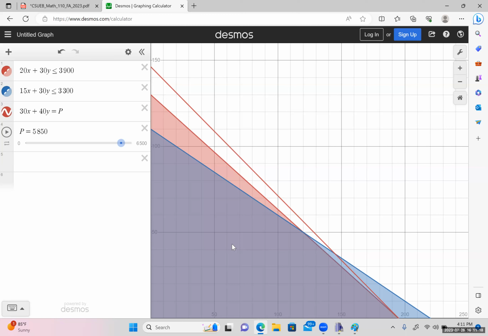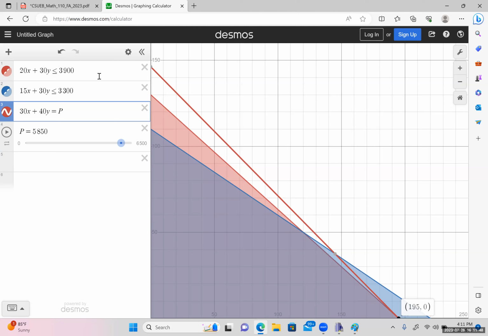It's also going to be at the corner, at the intersection, like the profit line will be exactly at the corner of the feasible region. In this case, it was exactly at this corner here, 195, 0.